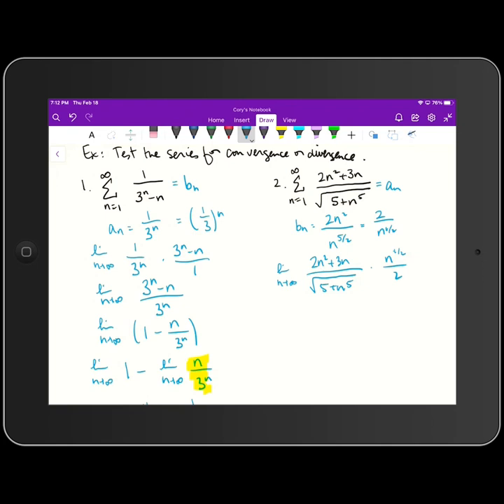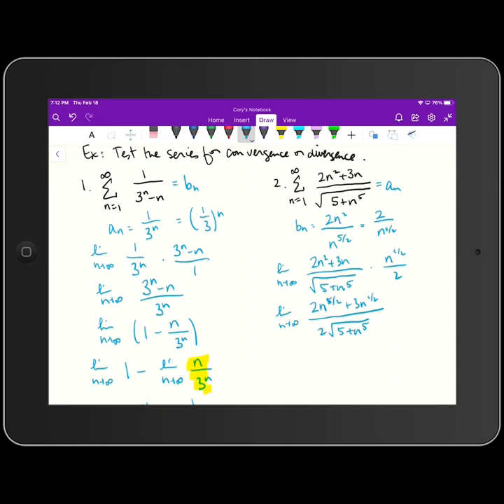When we take the limit as n goes to infinity of this, we get 2n to the 5/2 power plus 3n to the 1/2 power over 2 times the square root of 5 plus n to the 5th power. The way I like working through limits of this type is determining the end behavior of the numerator and of the denominator.